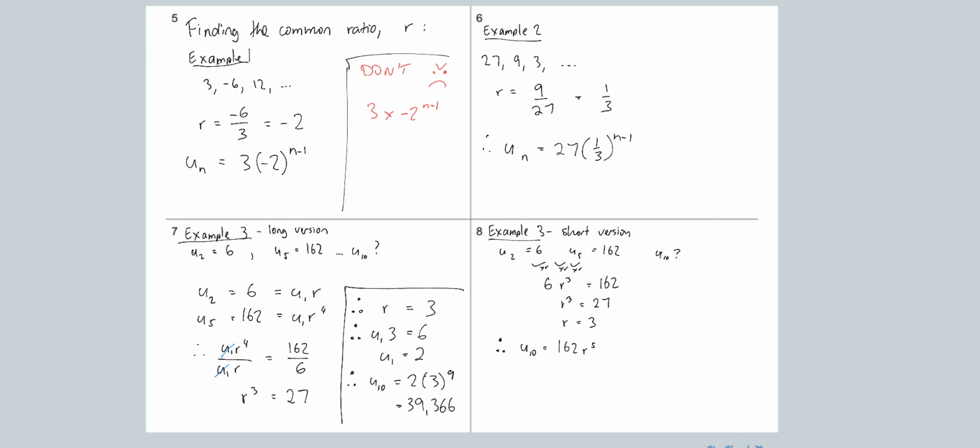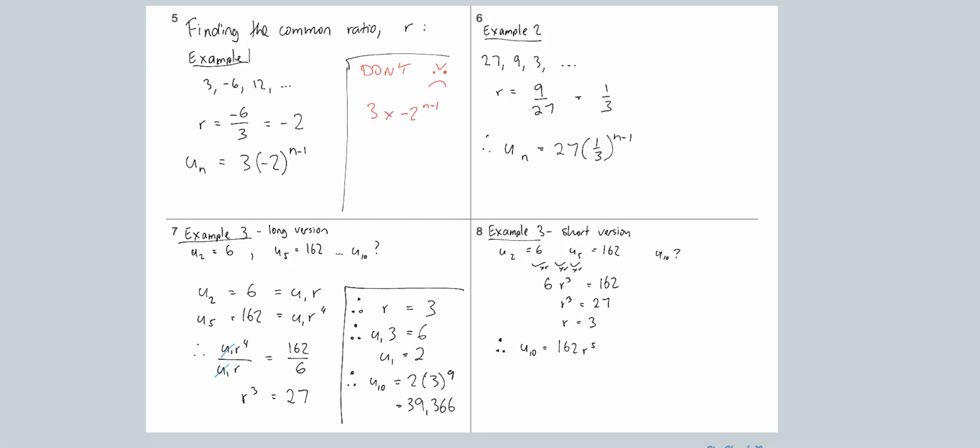Because the 5th term is 162, so I'll need to multiply by r to get to the 6th term, then another r to get to the 7th term, then another r to get to the 8th term, then another r to get to the 9th term, and then another r to get to the 10th term. So repeated multiplication 5 times gives me r to the power of 5. So it's going to be 162, and then another 5 multiplications of r. Cool.